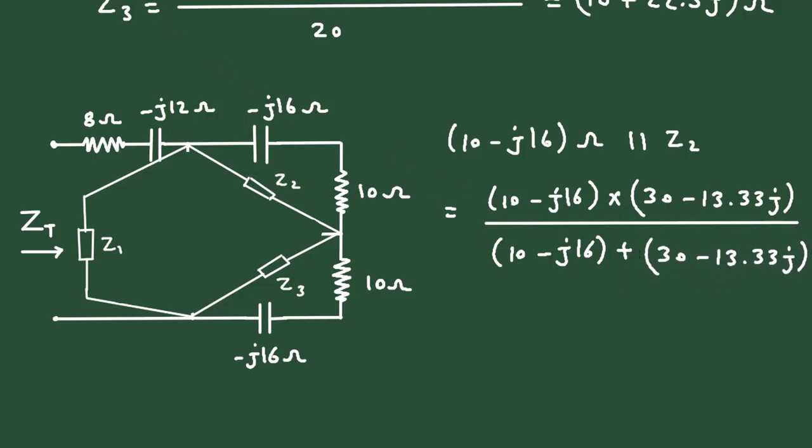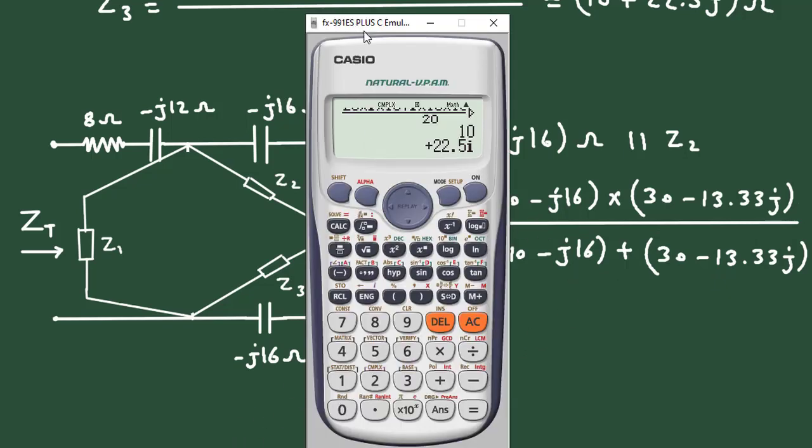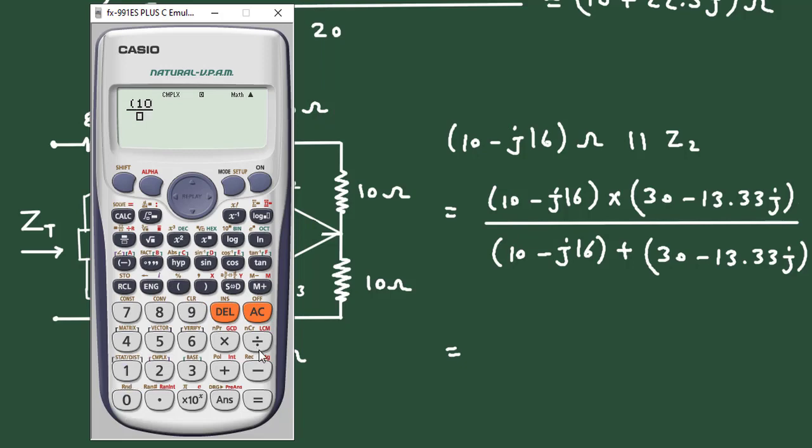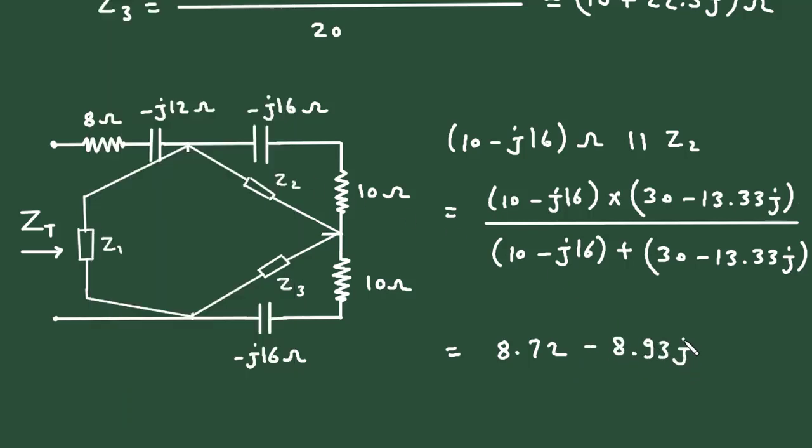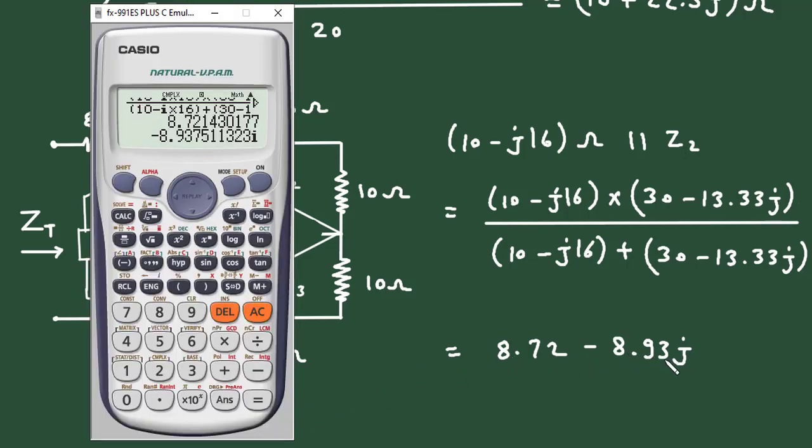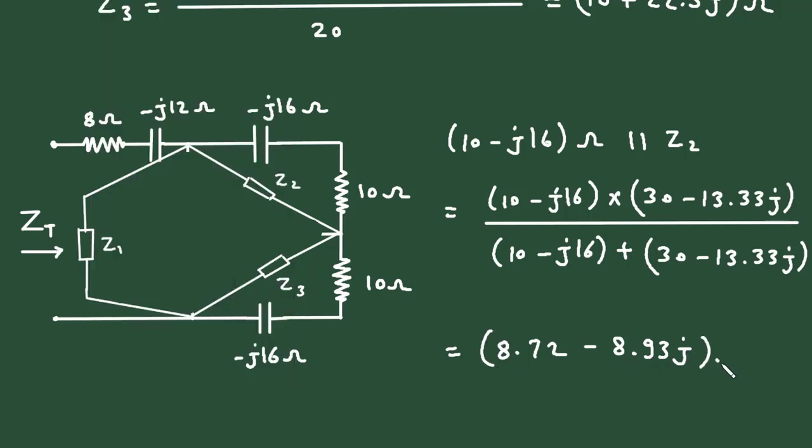Now if we solve this in calculator, 10 minus J into 16 multiplied with 30 minus 13.33 into J divided by 10 minus J into 16 plus 30 minus 13.33 into J. It is equal to 8.72 minus 8.93 J, and its unit will be ohm.